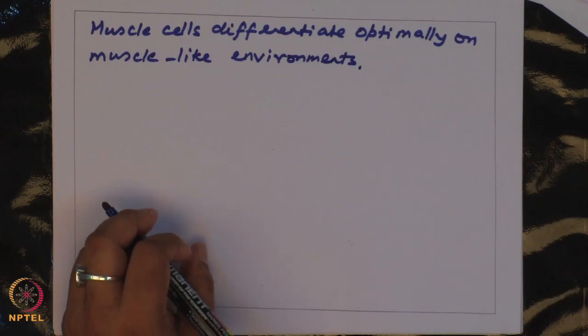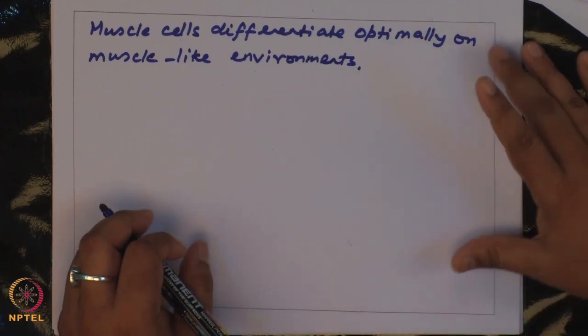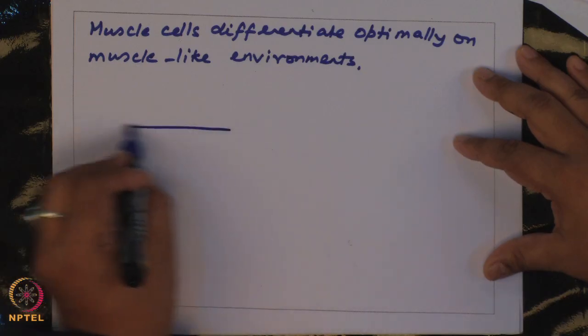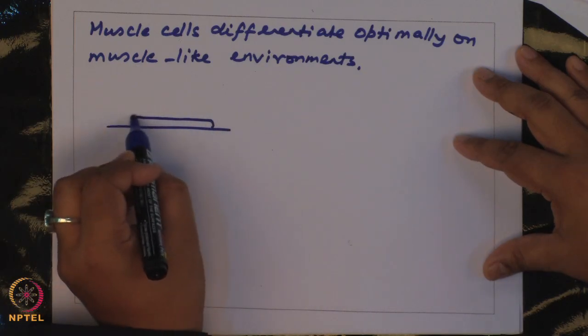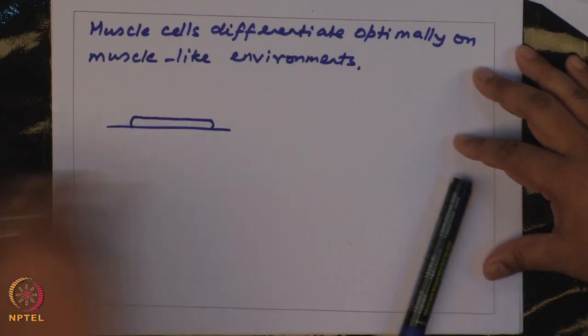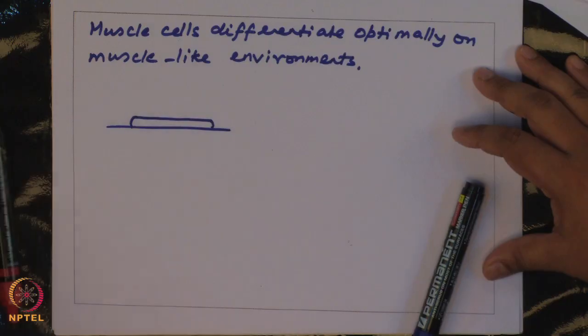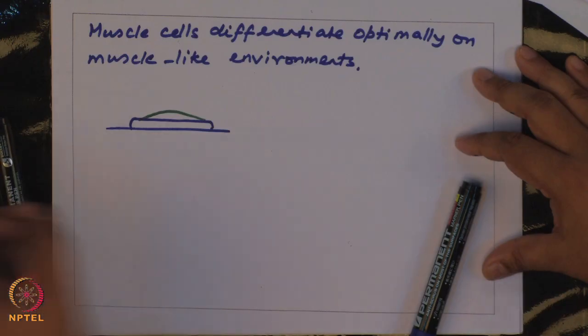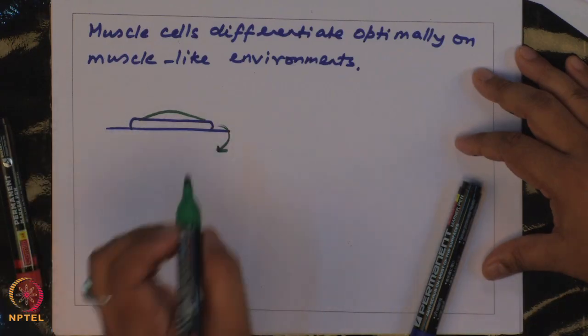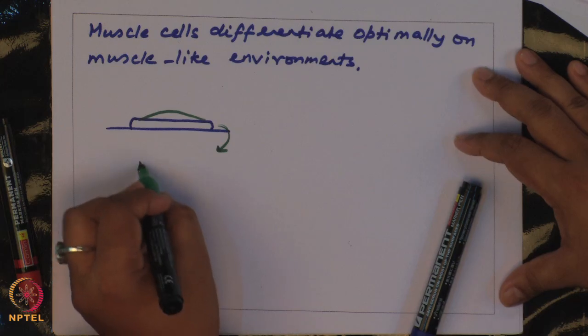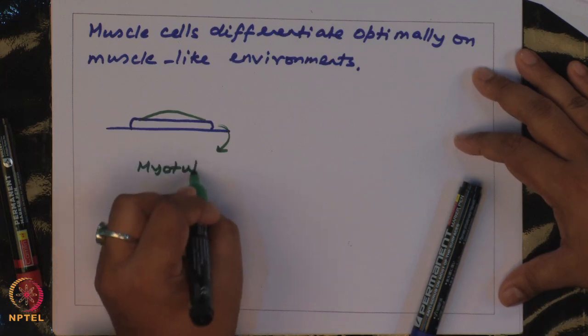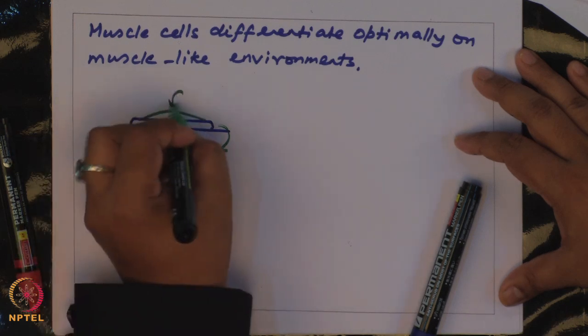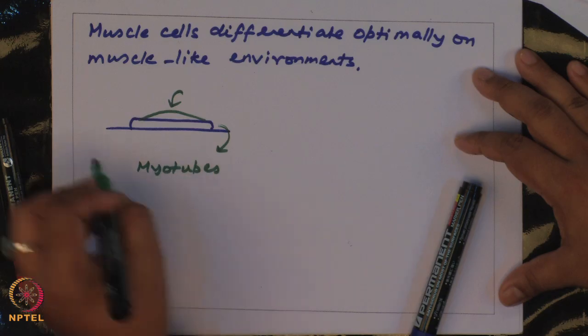Okay. So, they also did one set of experiments in which on these patterns you have a bottom layer of cells, a bottom layer of myotubes, and on top you put one more cell layer, a top layer. So, the bottom layer is myotubes, the first layer, myotube layer 1.